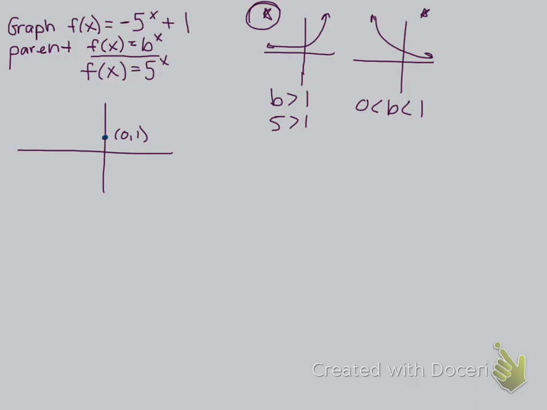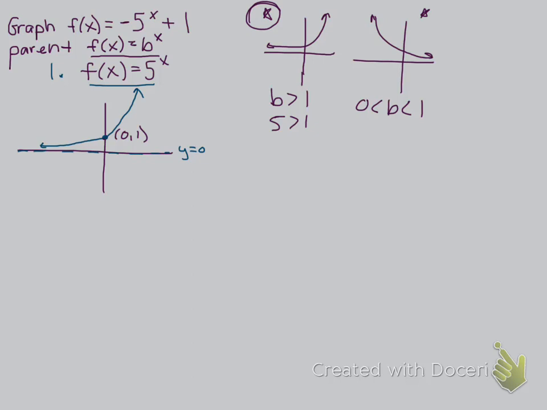So we'll start our graph. We're going to be increasing from left to right and going through the point 0, 1. So our first graph is of f of x is equal to 5 to the x. And we also have our horizontal asymptote at y equals 0.